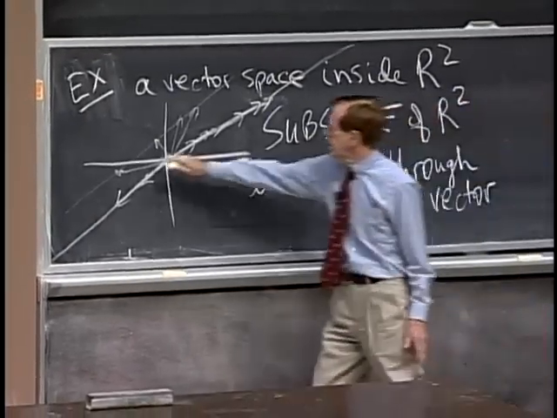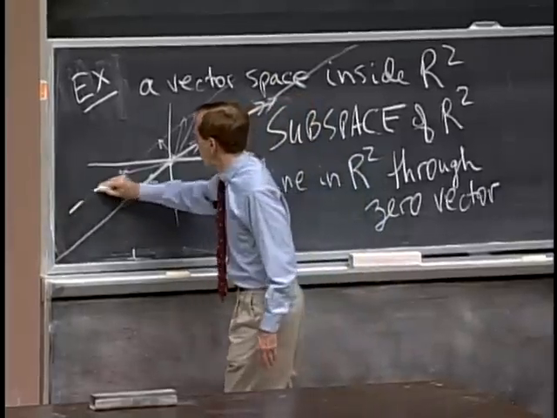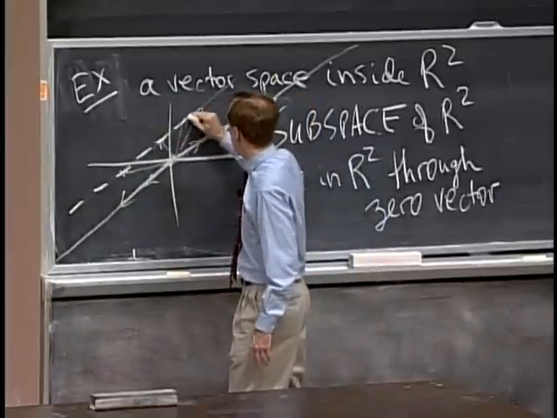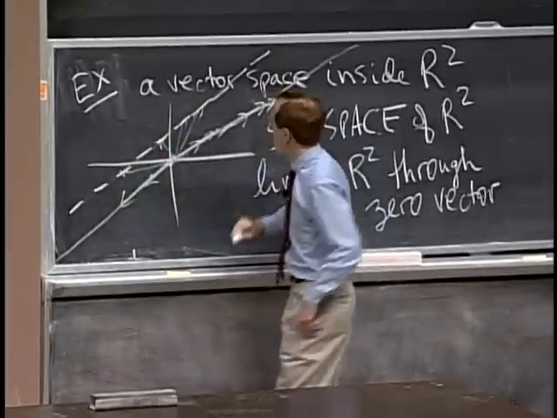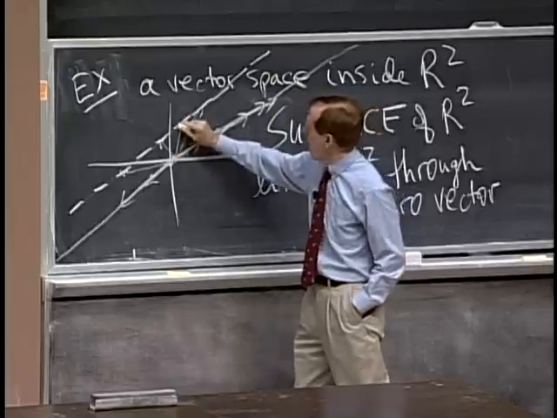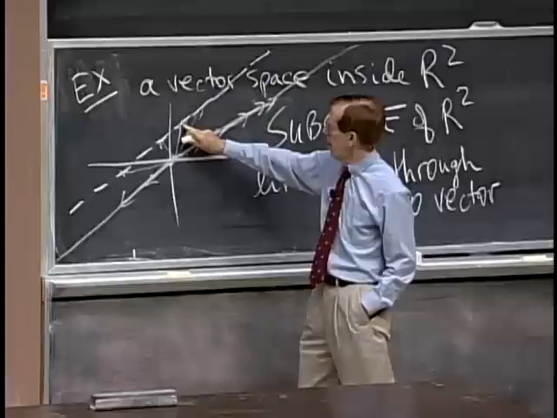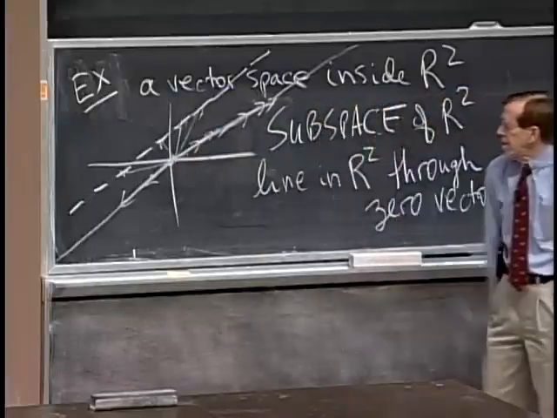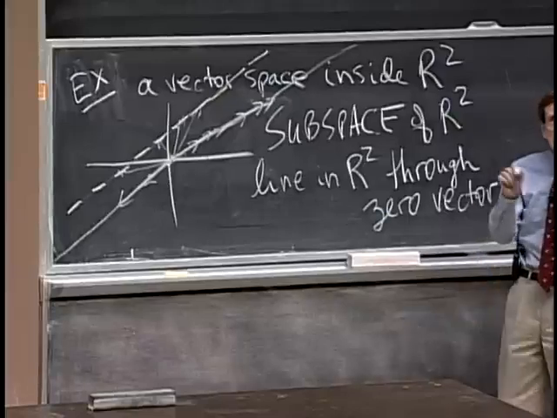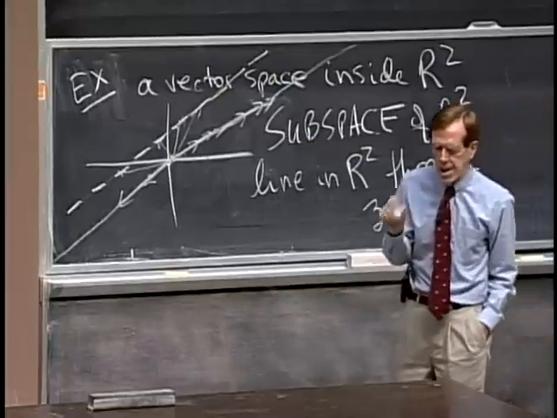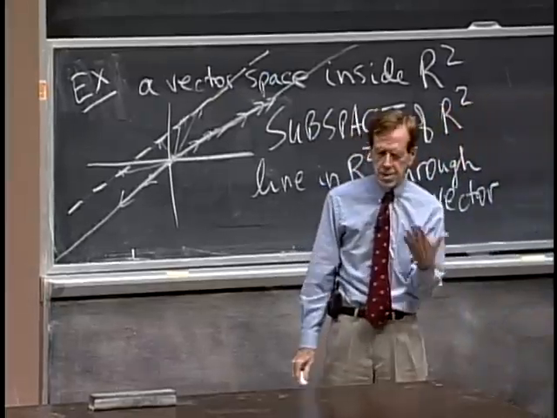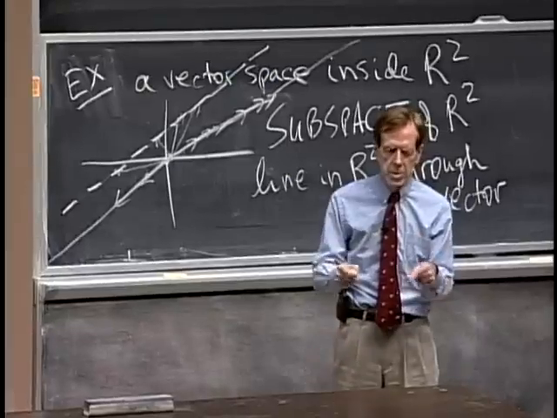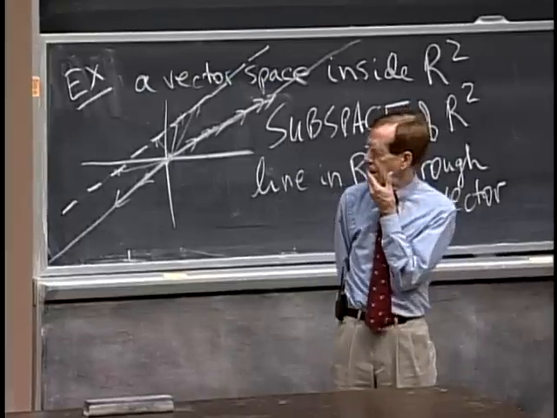Because why is this line no good? Let me do a dashed line. Because if I multiply that vector on the dashed line by 0, then I'm down here, I'm not on the dashed line. 0's got to be there. Every subspace has got to contain 0, because I must be allowed to multiply by 0, and that will always give me the 0 vector.